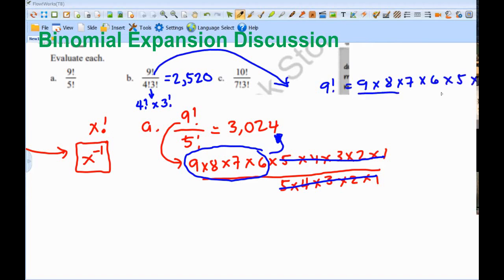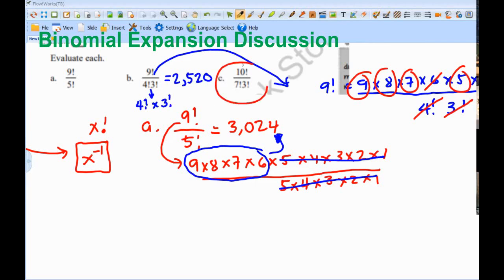Stop there because there is 4 factorial and 3 factorial. So this is already canceled. And this 3 factorial is 6, so cancel the 6. So multiply 9, 8, 7, and 5. So 9 times 8 times 7 times 5 is 2,520.